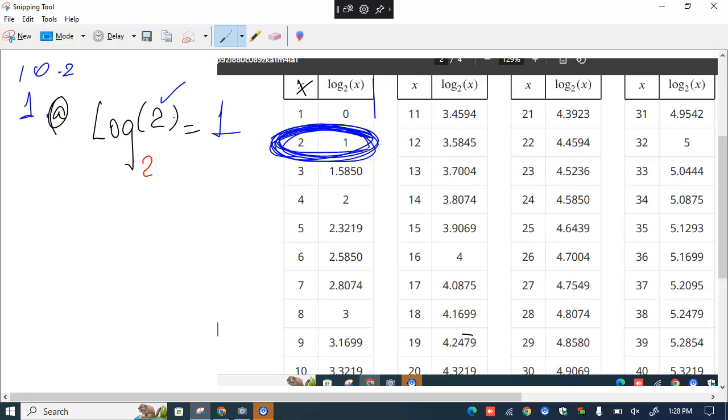So the question is, how do we write this? What that means is, you have to interpret that when the base b is raised to the exponent 1, the answer is 2. From the table, of course, they didn't give you the answer 1 here, but you get it from the table, right?